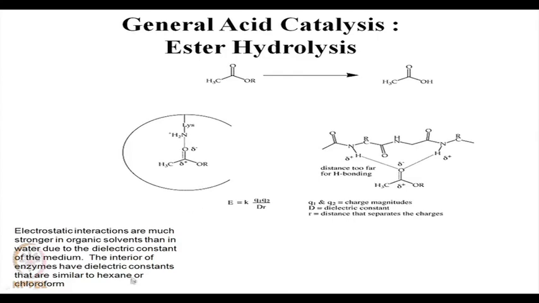Why is the interior of enzymes like that? Enzymes have a dielectric constant similar to hexane or chloroform, because the interior is hydrophobic. You can imagine it is like a micelle. Inside of a normal micelle is like hexane, and outside is covered by water.